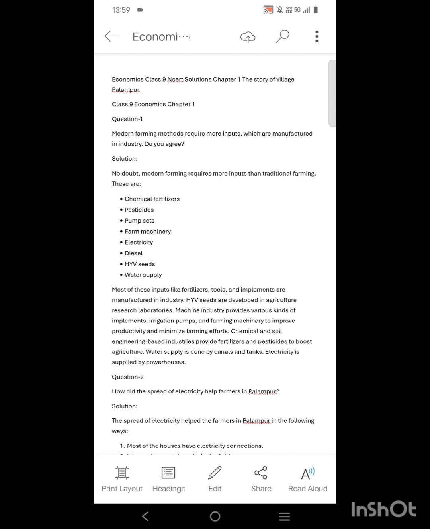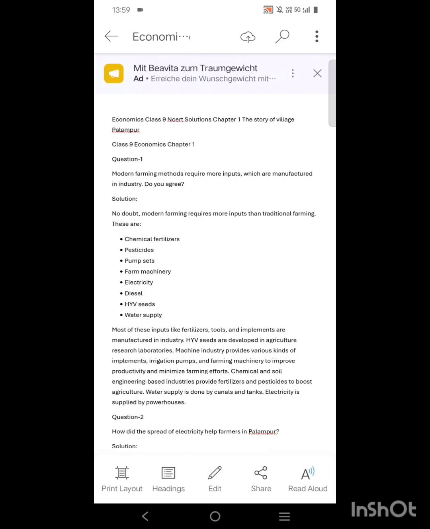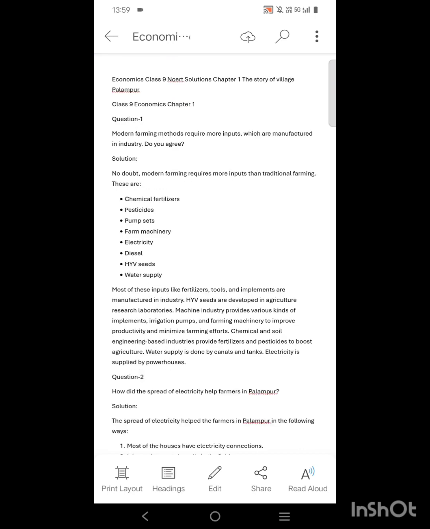Question 1. Modern farming methods require more inputs which are manufactured in industry. Do you agree? Solution. No doubt, modern farming requires more inputs than traditional farming. These are chemical fertilizers, pesticides, pump sets, farm machinery, electricity, diesel, HYV seeds, water supply.